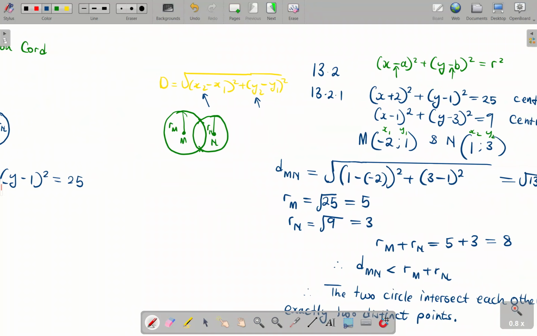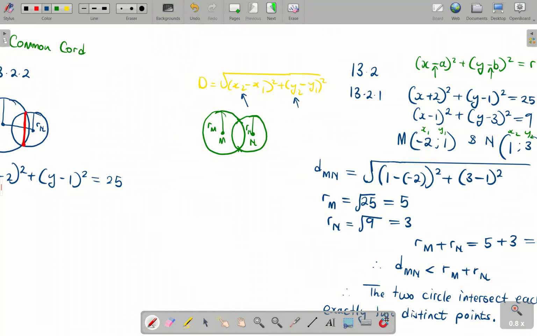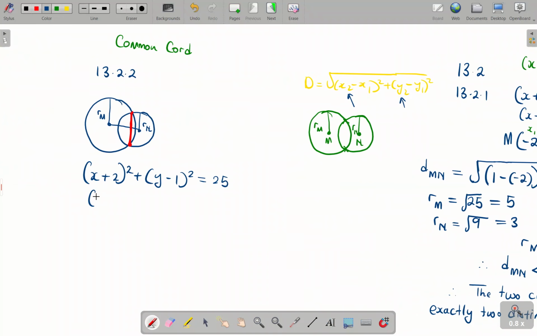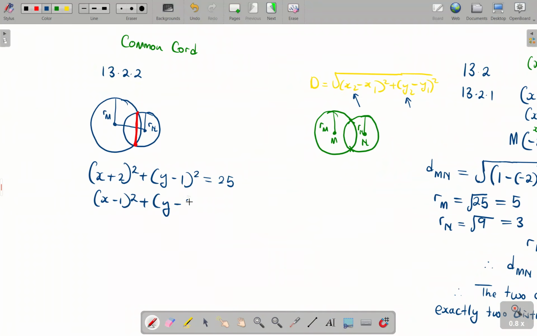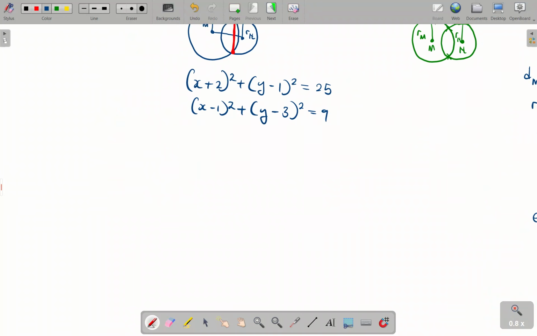And then again, you have (x − 1)² + (y − 3)² = 9, okay? So now this is what we have here.